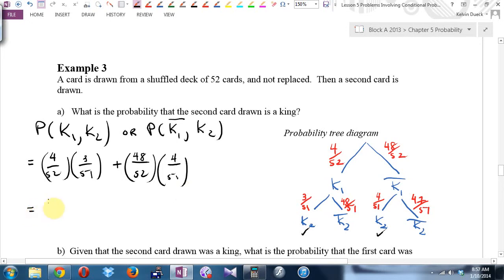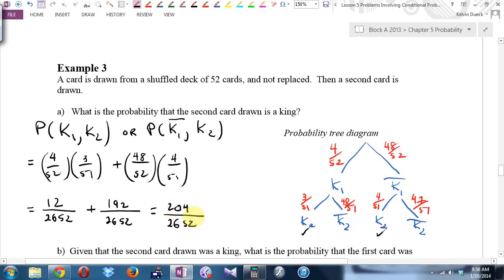I think this is 12 out of 2652. 48 times 4, 192, I think. Double check me. Out of 2652. If we don't go to lowest terms, it looks like the answer is 12 plus 192, 204.